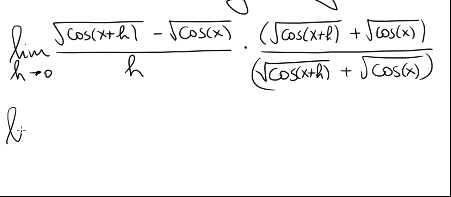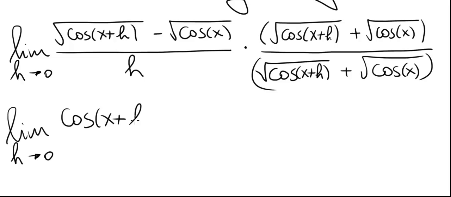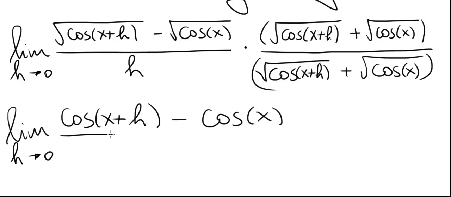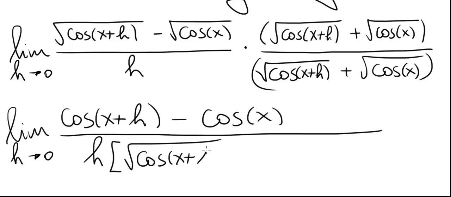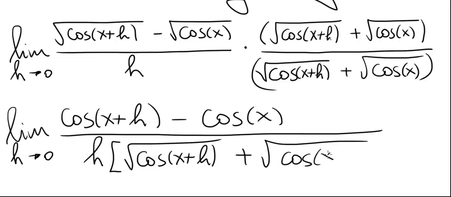This now becomes the limit as h approaches 0 of just cosine of x plus h minus cosine of x, and the denominator is h times the square root of cosine of x plus h plus the square root of cosine of x. Now we can apply result number 1.